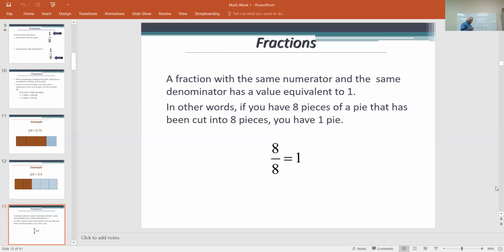Anytime you multiply 2 fractions, remember, 8 over 8 is 1. 1 times anything is the thing. So 1 times 2/5 is still 2/5. That's why these are equivalent.